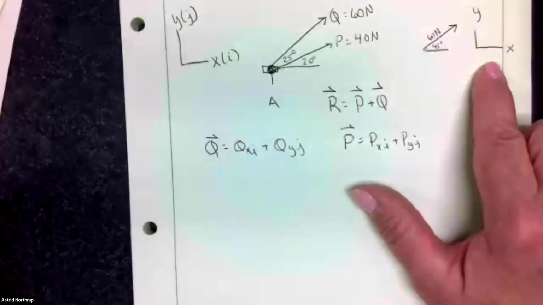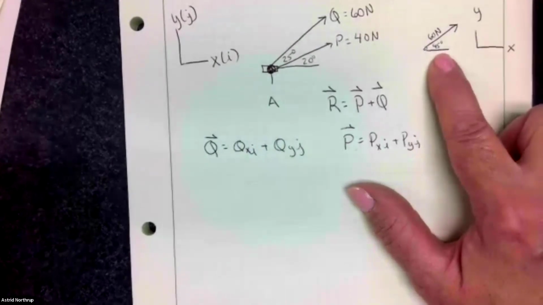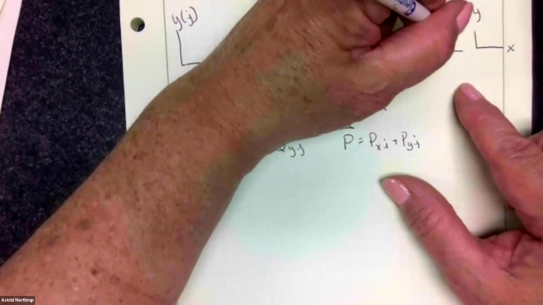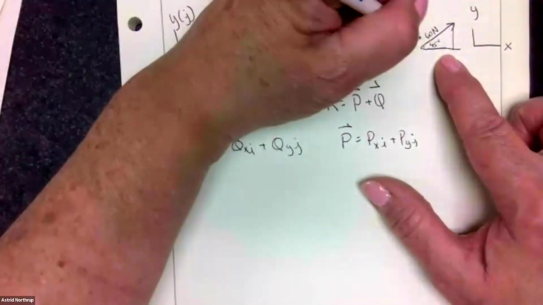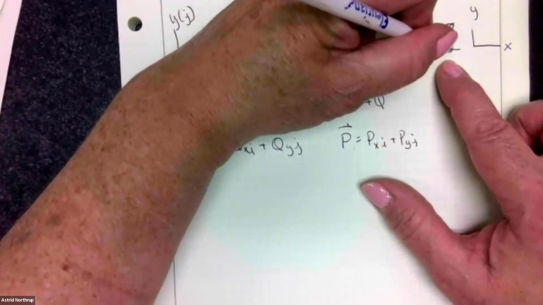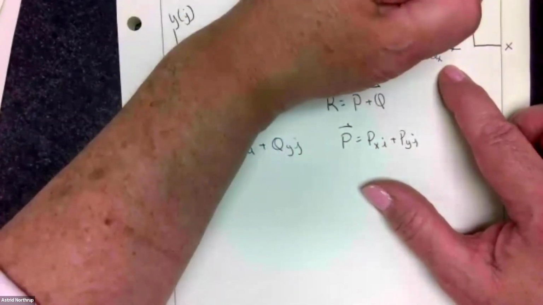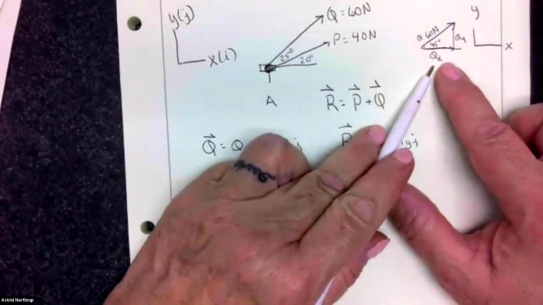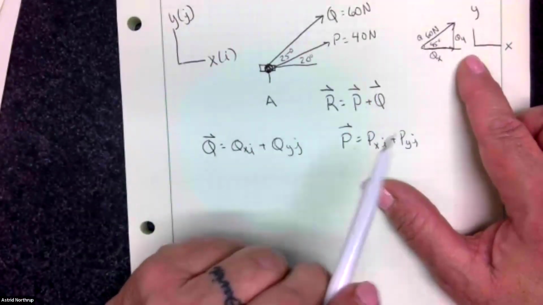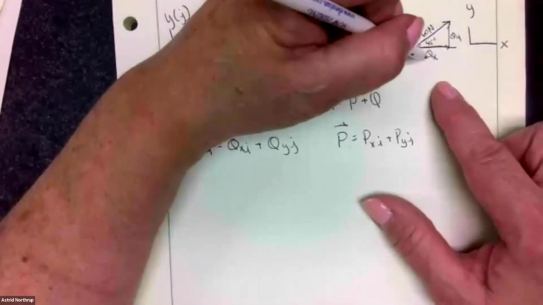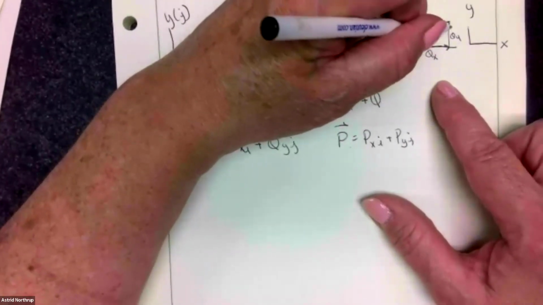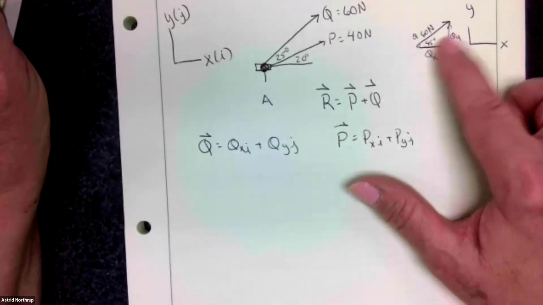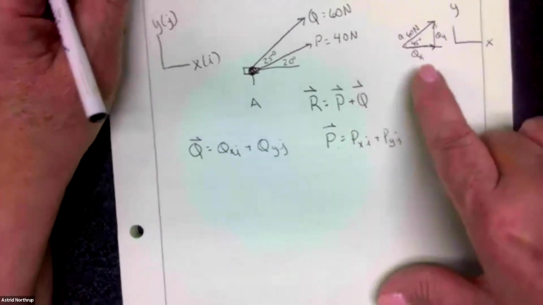If I set my axes like this, X is horizontal and Y is vertical, that means I can think about vector Q as being some piece Q sub X and some piece Q sub Y, and those will be the components. Also, because this is a right angle, Q sub X squared plus Q sub Y squared will equal 60 newtons squared.